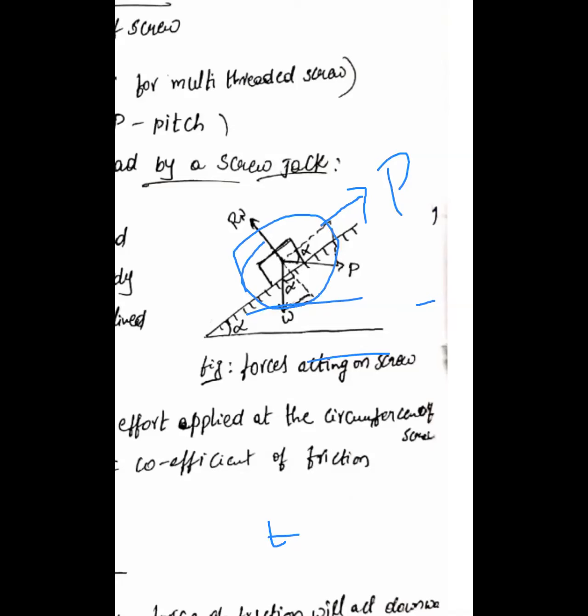And P is also making the inclination alpha. When we consider W, it will also give some reaction force R suffix N. That reaction force goes on the upside, and the self weight goes on the bottom side. So those two are there.